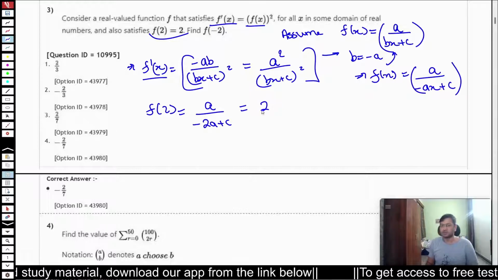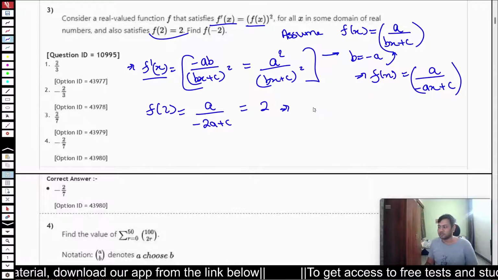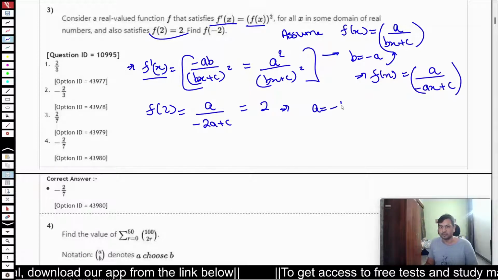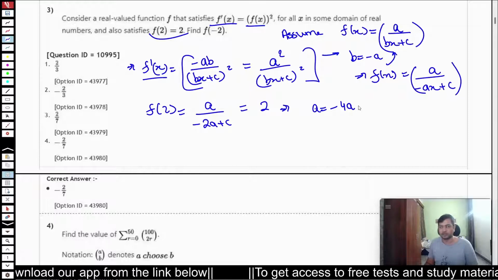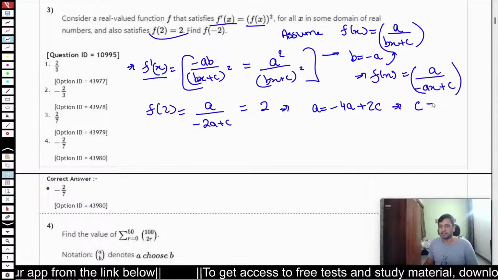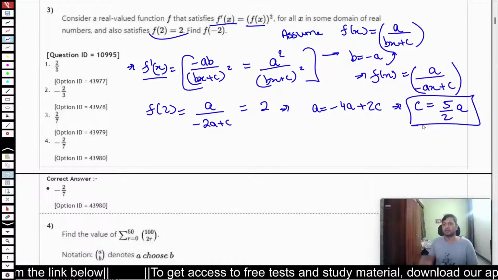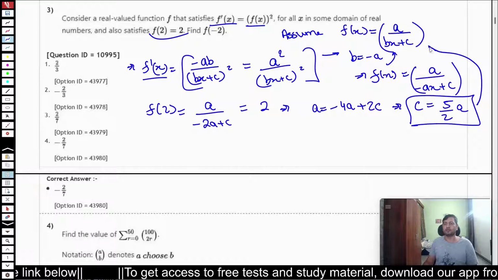Right. So this implies, if I rearrange this particular thing, what it gives me is that a is equals to minus 4a plus 2c, which implies c is equals to 5 by 2 times of a, which I again put in the original function.